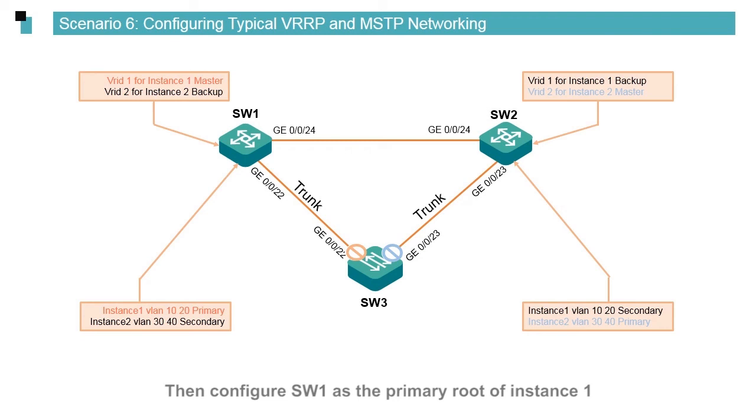Then configure SW1 as the primary root of Instance 1 and the secondary root of Instance 2, and SW2 as the secondary root of Instance 1 and the primary root of Instance 2. In the spanning tree of Instance 1, SW3's GE0/0/23 is blocked. In the spanning tree of Instance 2, SW3's GE0/0/22 is blocked.